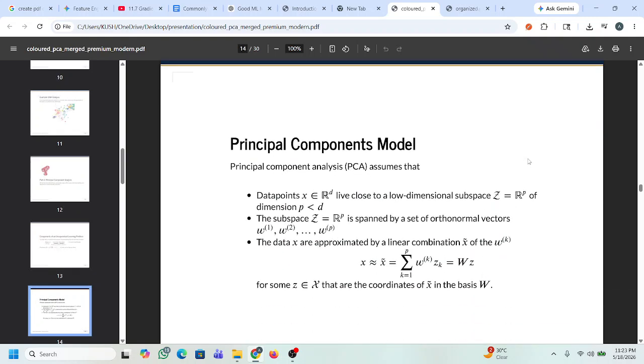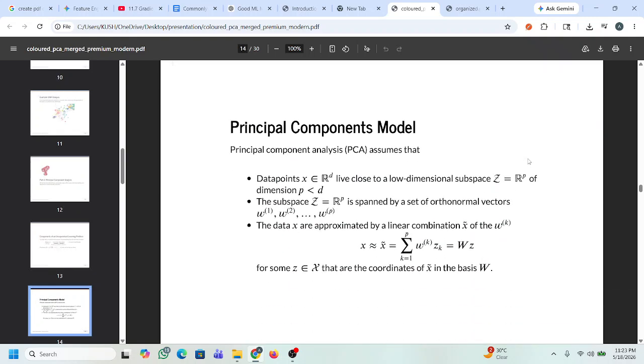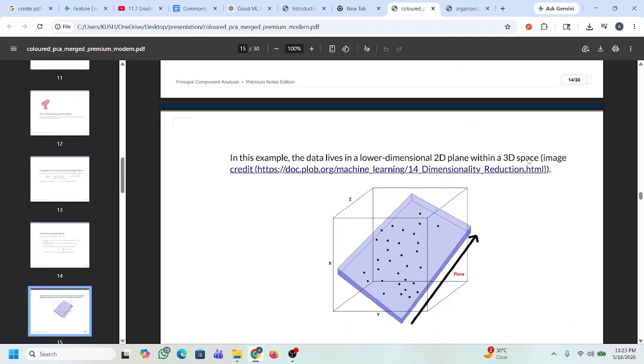Coming to the next part, the assumptions of the PCA model. The first assumption is that X belongs to R^D and lives close to a low dimensional subspace Z equal to R^P, with P less than D. Let us imagine a 3D space, and inside it a 2D sheet, with a swarm of honeybees sitting on it.